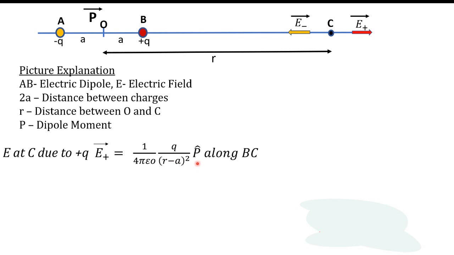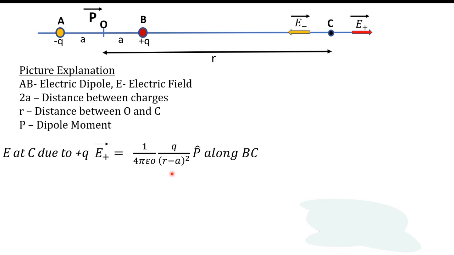This electric field will be along the direction BC, because we know that a positive charge will produce a field which will point outward, and so this will be in the direction of E plus. Why have we written (r minus a) the whole square instead of r square? We need the distance BC, right?